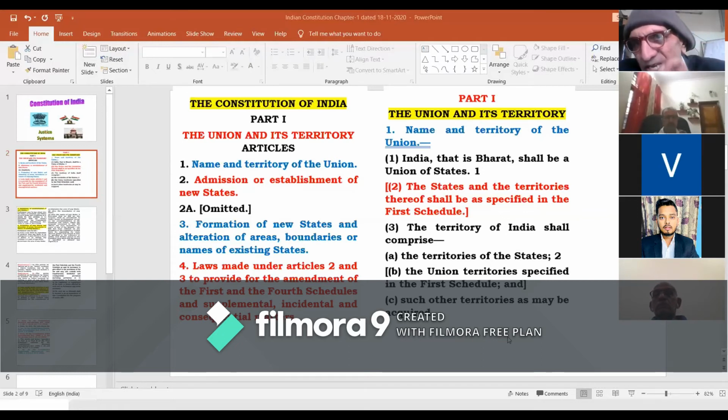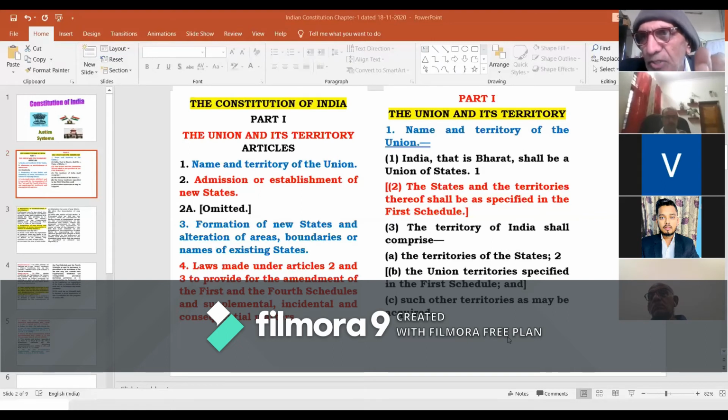So this India, that is Bharat, is one phrase and one clause, and then: shall be a union of states. It is said shall, and it is to be a union of states. What is the implication of this constitutional declaration? The declaration here is that India, that is Bharat, shall be a union of states.